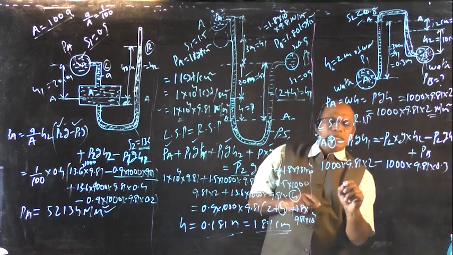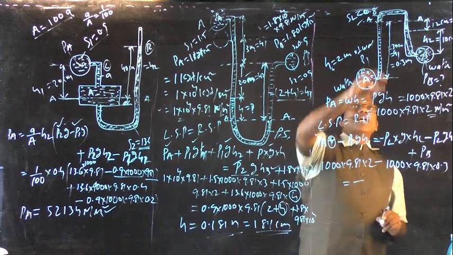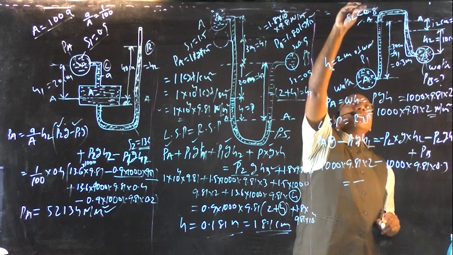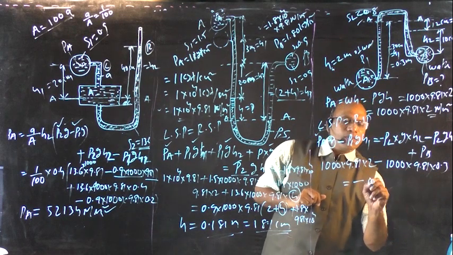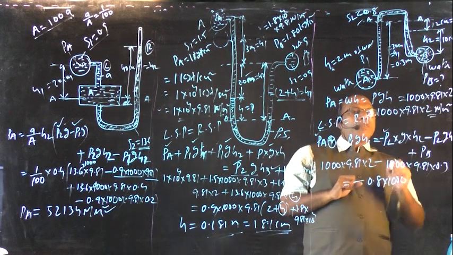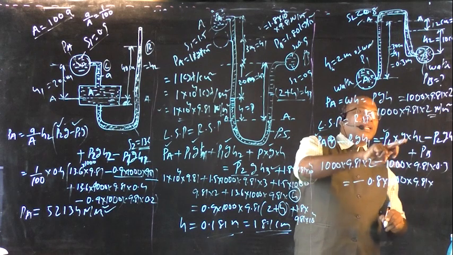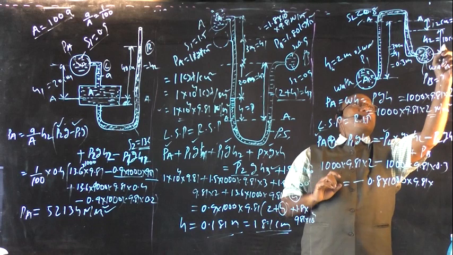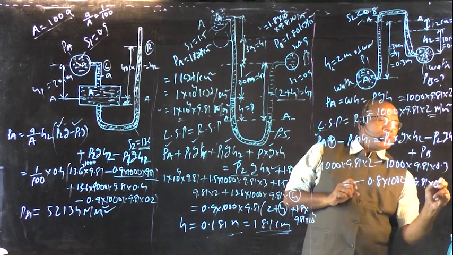Minus rho L, the density of the manometer liquid, equal to specific gravity 0.8 into 1000, into g, 9.81, into HL, the level of 10 centimeters, that is 0.1 meter.